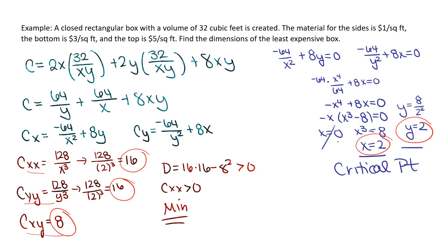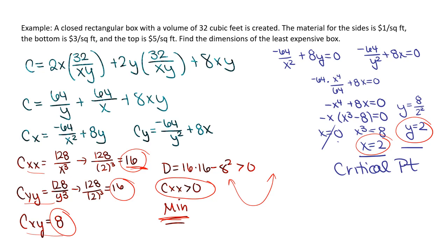I did that computation, and I ended up getting a positive number. That's a good thing. When D is positive, you have either a max or a min. And then I checked the sign of cxx. It's 16, that's a positive number. That corresponds to my concave up situation. So this is a min, and that's a good thing. That's what I was looking for.